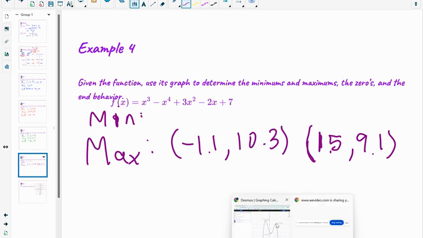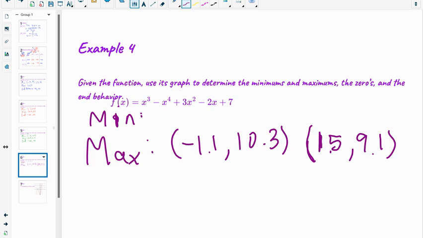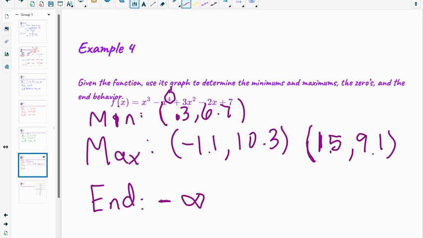Sorry, I forgot that one really easily. (0.3, 6.7). And now looking at our end behavior, we have an even degree and we have a lead coefficient that's negative, which means both of our end behaviors are headed towards negative infinity.